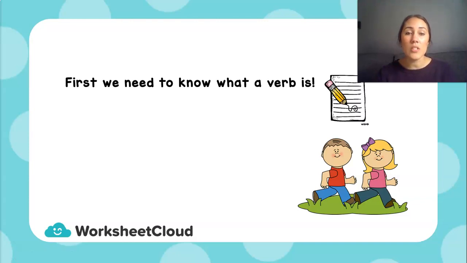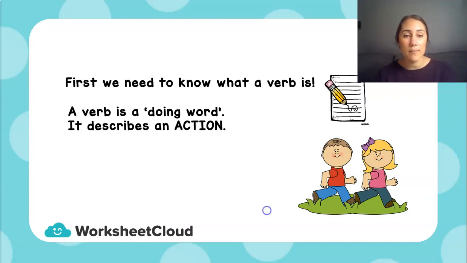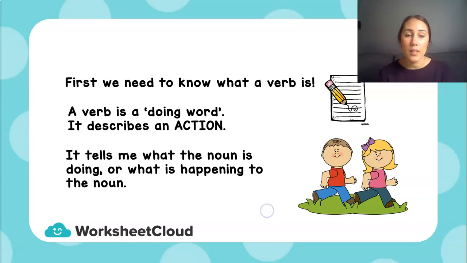So, first we need to know what a verb is. A verb is a doing word and it describes an action. It's something that you can do. It tells me what the noun is doing or what is happening to the noun. So if I look at this picture here in the corner, the noun are the two children.